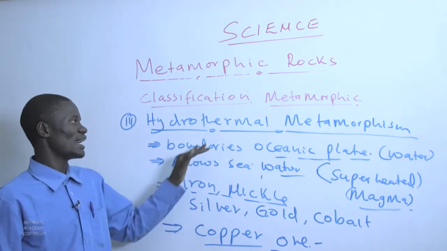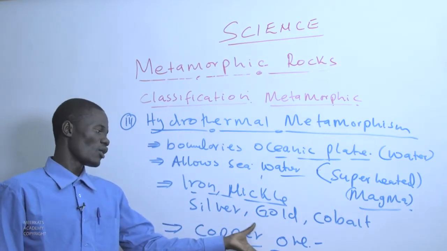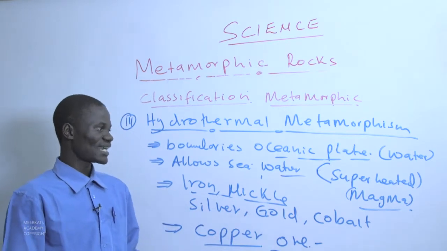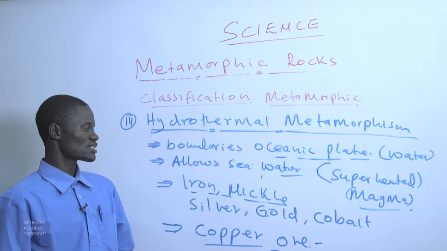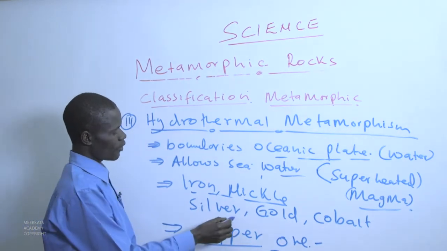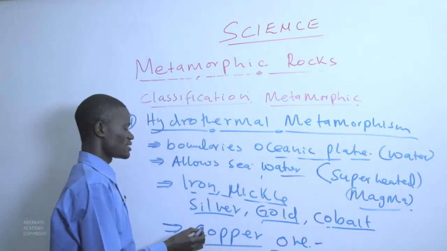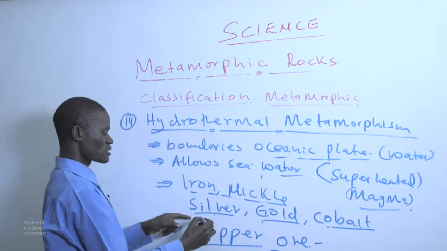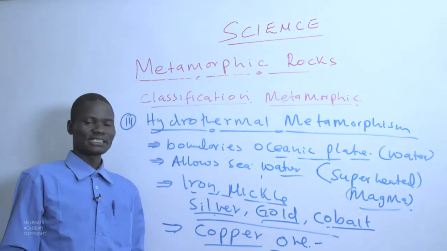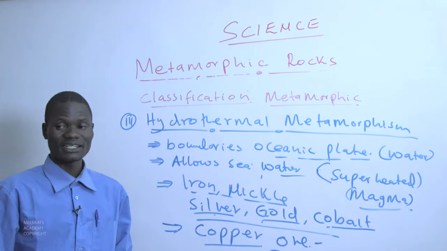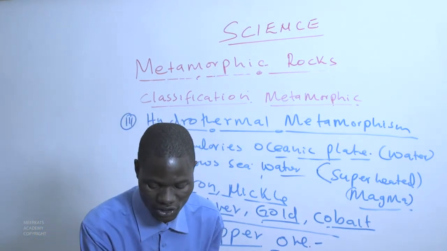As a result of the hydrothermal metamorphism, that ore of copper deposits enlarges itself into the region where it is found, and where copper is found, we cannot find cobalt, silver, and nickel because they have been replaced in the transformation resulting in the copper, and that will give us a new characteristic of a rock.